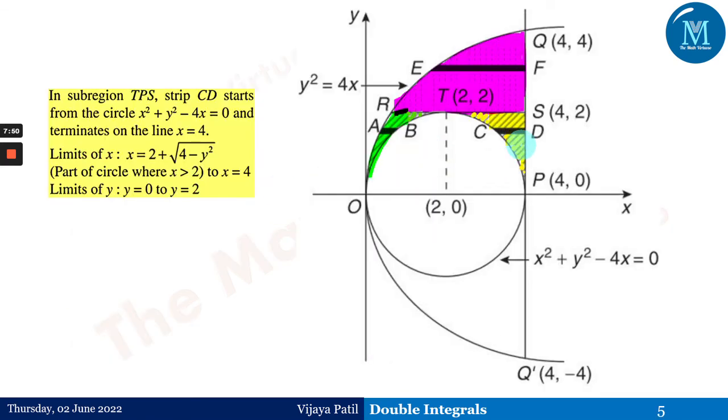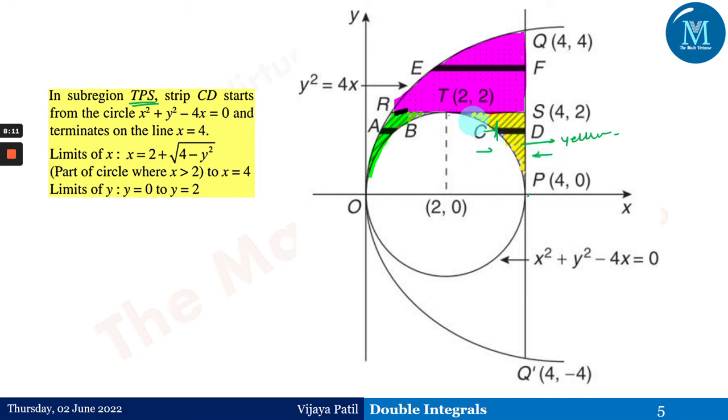Next, if we talk about the region which is in yellow color, this region, we have the strip CD which is starting from the circle. We have to check the left hand side end and then the right hand side end of this strip CD.